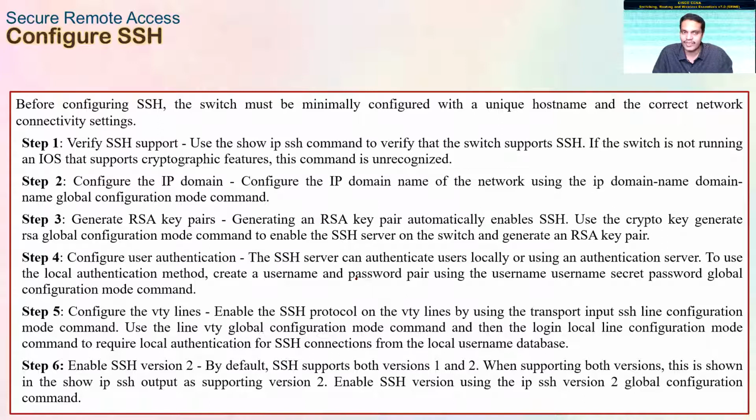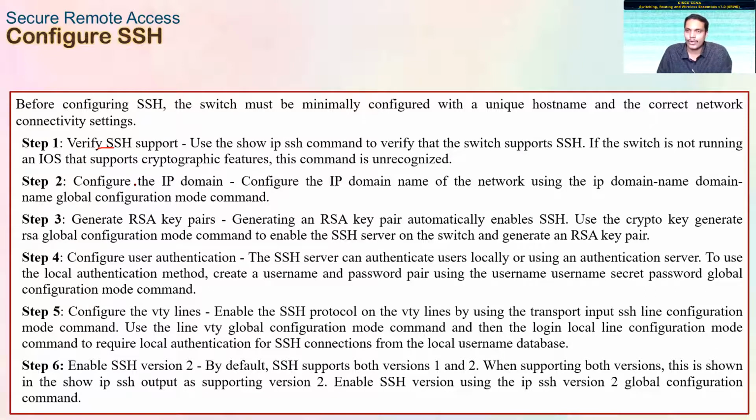First thing is you need to verify the SSH support. That is done through the show version command. After that you need to configure an IP domain, and then generate RSA key pairs by using crypto key generate rsa. After that, you have to create a username and password, creating a local database just like an authentication server.